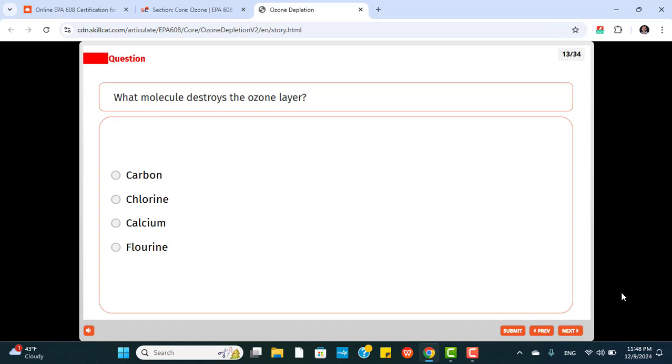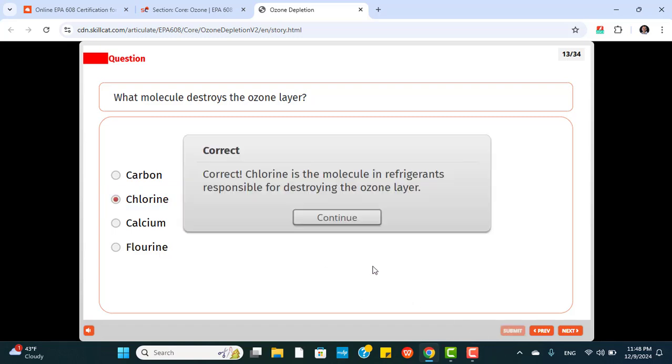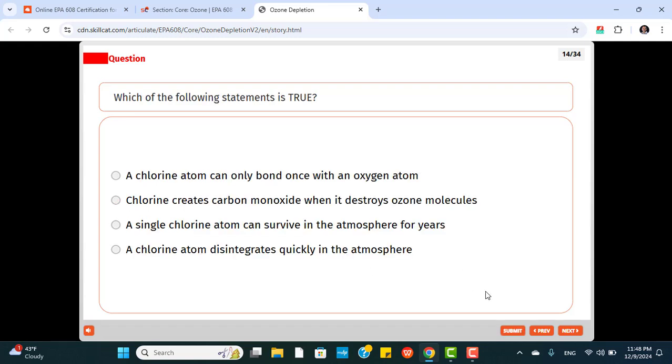What molecule destroyed the ozone layer? It is chlorine. Correct. Chlorine is the molecule in refrigerant responsible for destroying the ozone layer. Which of the following statements is true?